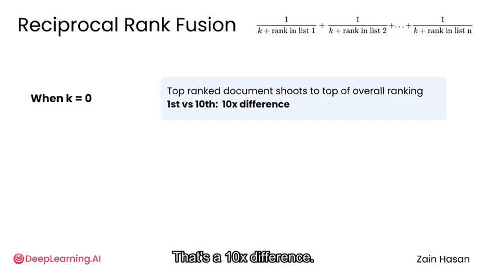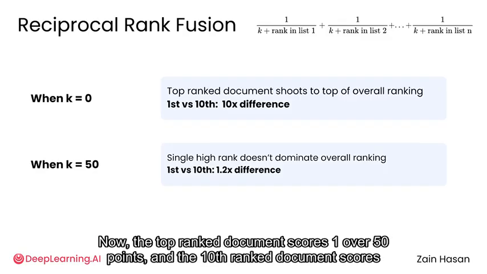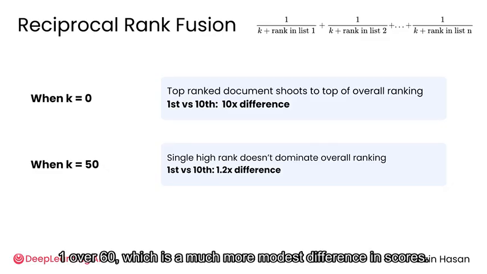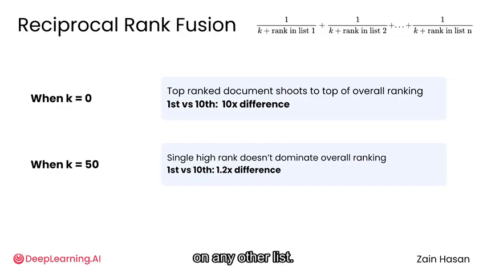That's a 10x difference. Increasing K to something like 50 balances things out. Now, the top ranked document scores 1/50 points, and the 10th ranked document scores 1/60, which is a much more modest difference in scores. It still pays to be ranked first, but not to such a degree that it dominates rankings on any other list.